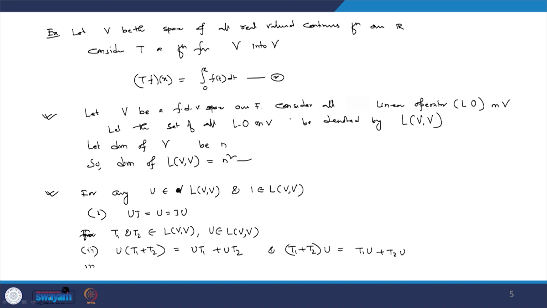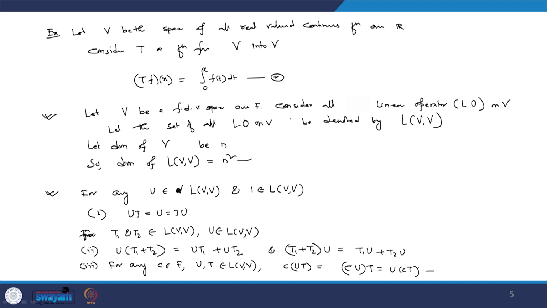Third, for any c belonging to the field F and U, T belonging to L(V,V), c times UT, that is c(UT), is equal to (cU)T, which is equal to U(cT).